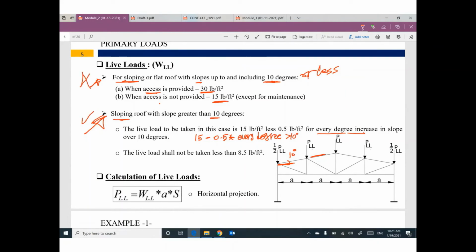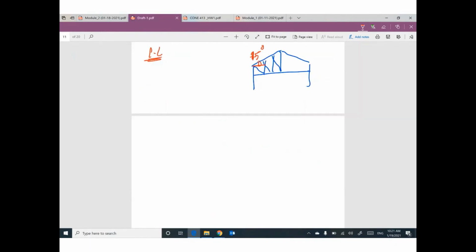I'm in this case, sloping angle greater than 10. So your live load will be 15 pound per square feet minus 0.5 time every degree greater than 10. The value is 15, so how many degrees greater than 10? We have 5 degrees. So I will multiply 0.5 times 5.